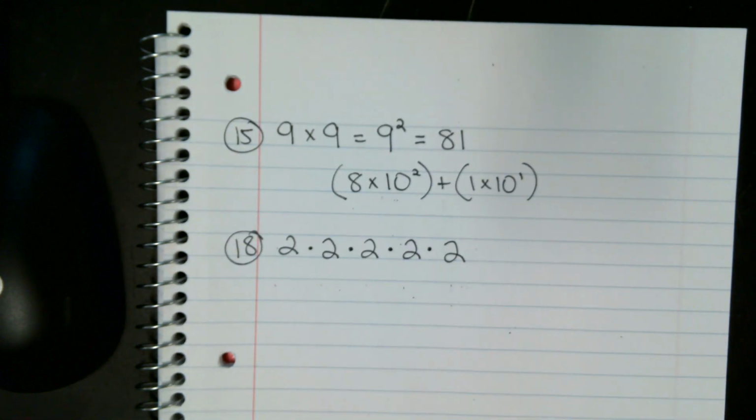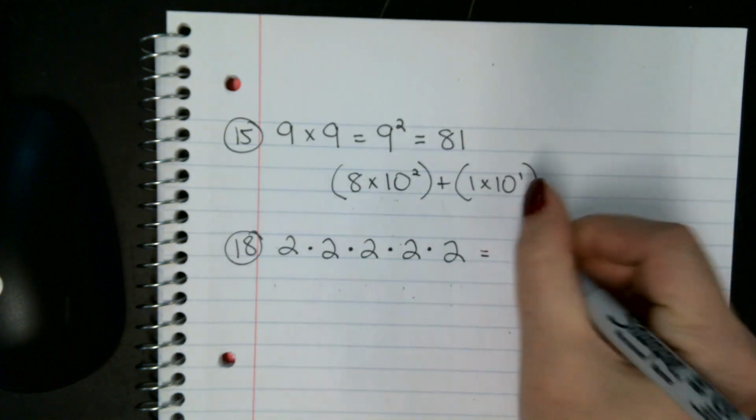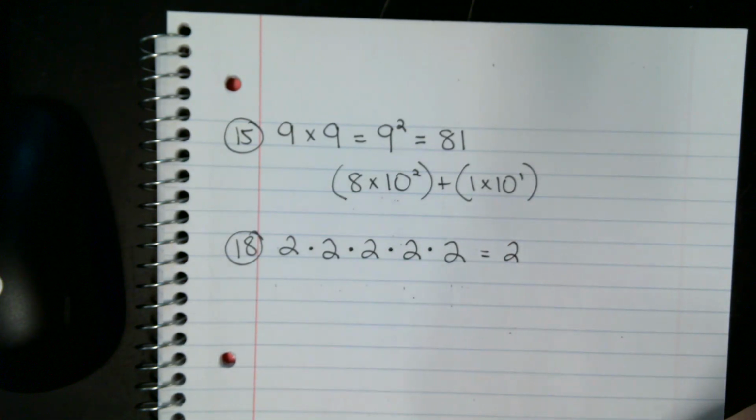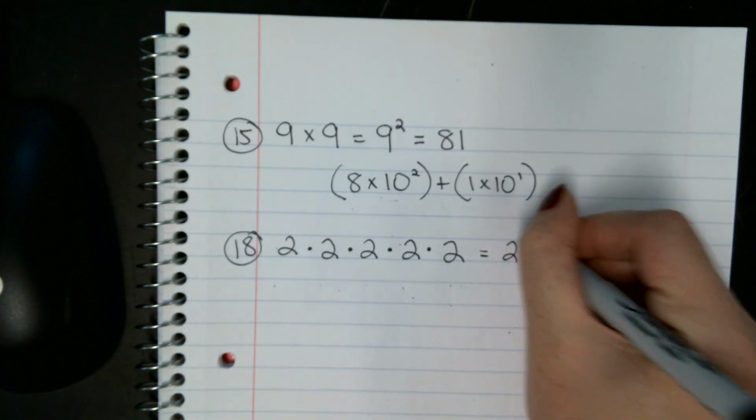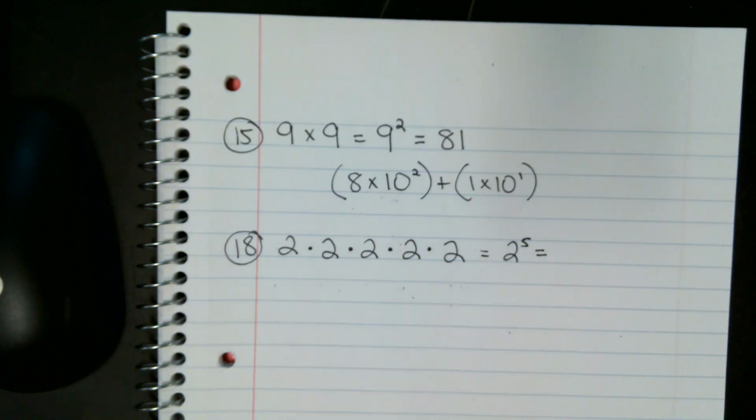Now, those dots in between the numbers, what do they represent? What, Audrey? Multiplication. So we have 2 to the power of, how many 2's do we have? 5. 2 to the power of 5. And then can you please solve it for me? 2 to the power of 5.